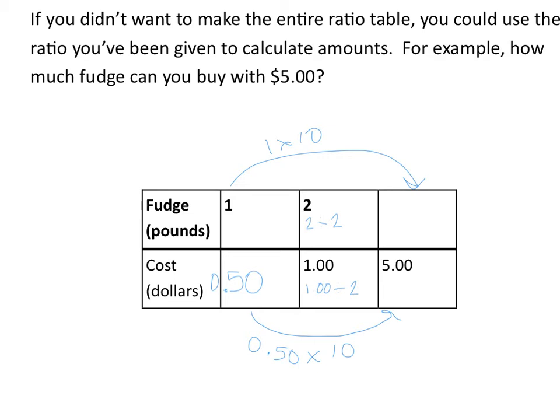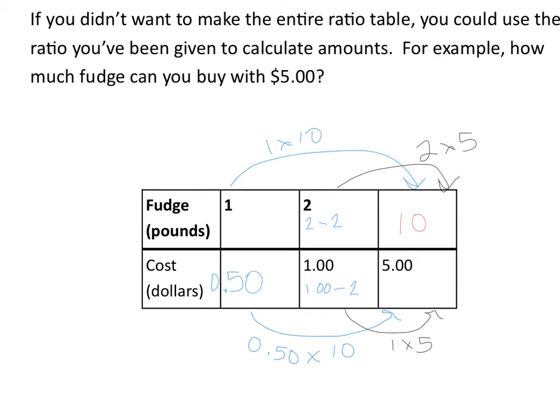And so we would find out that $5 gives us 10 pounds of fudge. But what if we wanted to just say, how do you get from 1 to 5? We can say 1 times 5, meaning we could then say 2 times 5. Notice we get the same answer of 10.